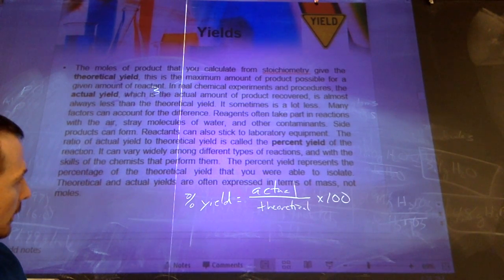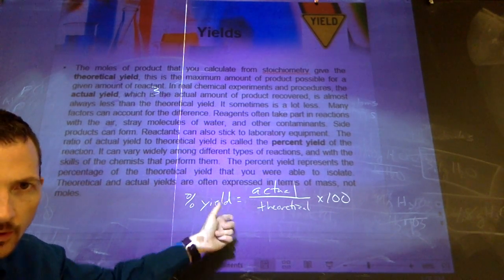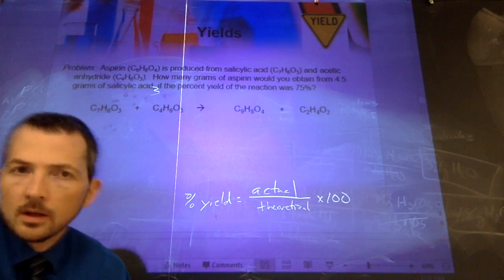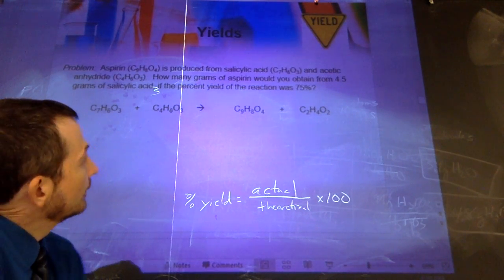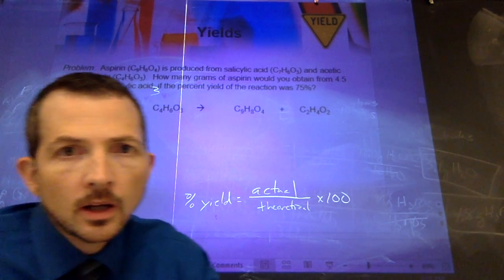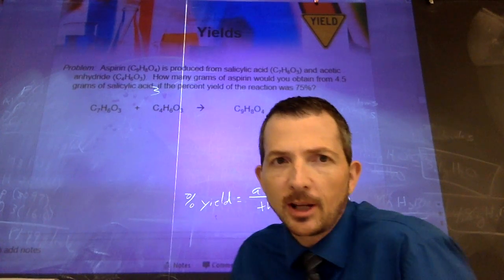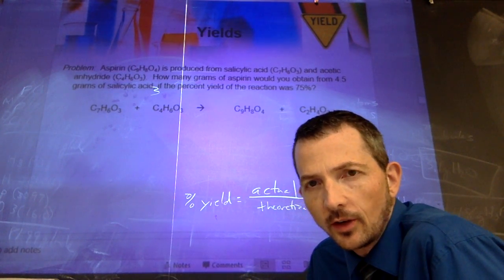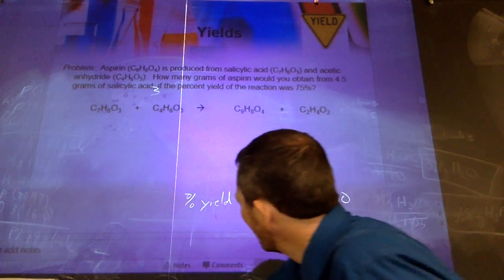Theoretical and actual yields are expressed in terms of mass, not moles, and then your percent yield is a percentage. So let's look at this problem. It says aspirin is produced from salicylic acid and acetic anhydride. How many grams of aspirin would you obtain from 4.5 grams of salicylic acid if the percent yield of the reaction was 75%?